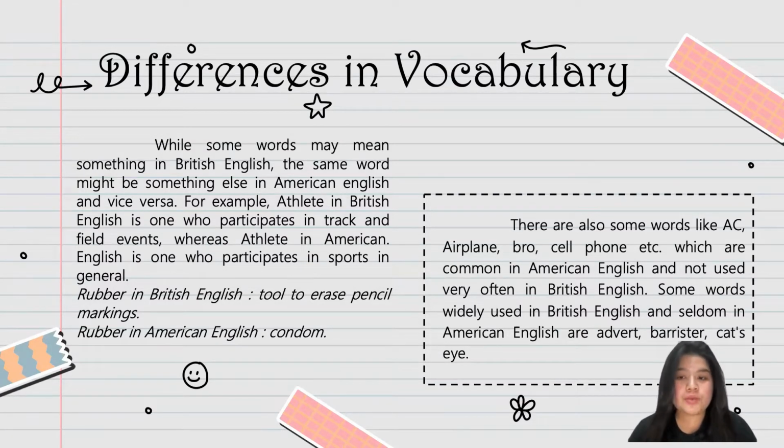Another example is rubber in British English is a tool to erase pencil marking, but rubber in American English is a condom. There are also some words like AC, airplane, bro, cell phone, etc., which are common in American English and not used very often in British English. Some words widely used in British English and seldom in American English are advert, barrister, cat's eye.